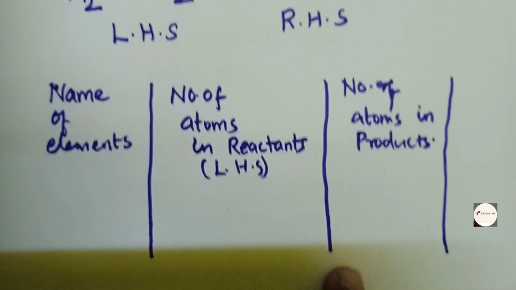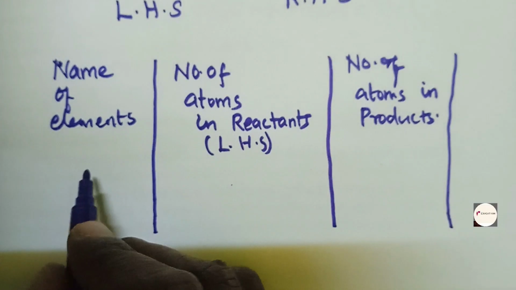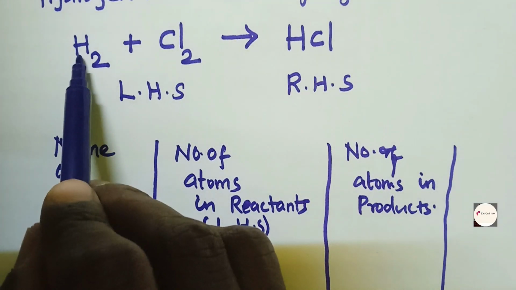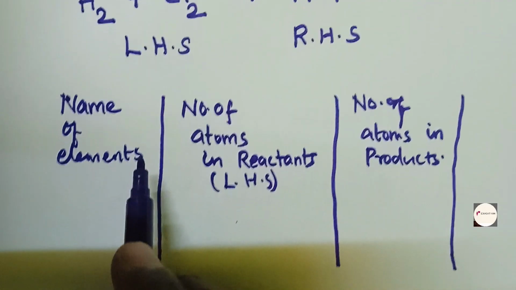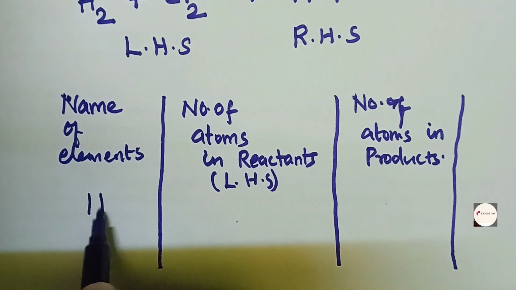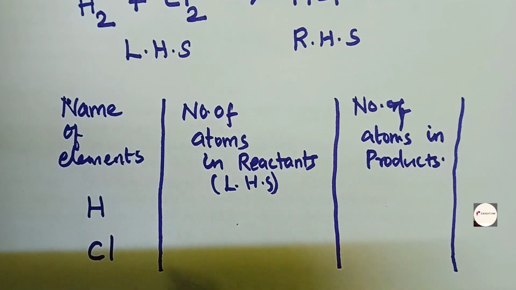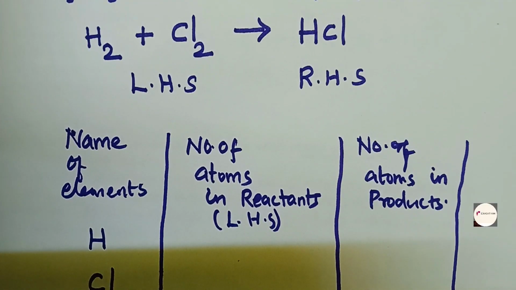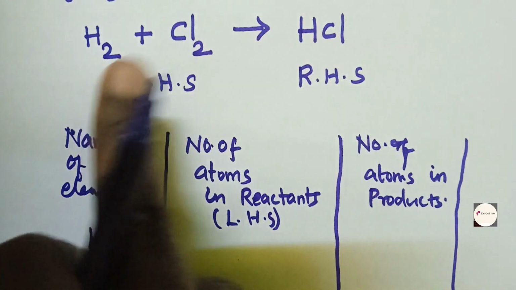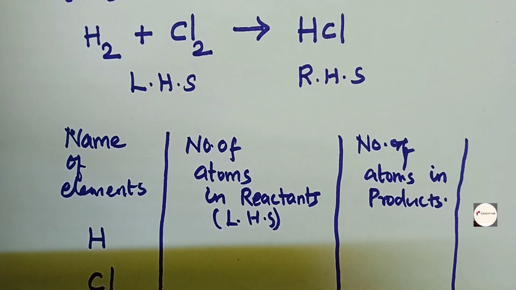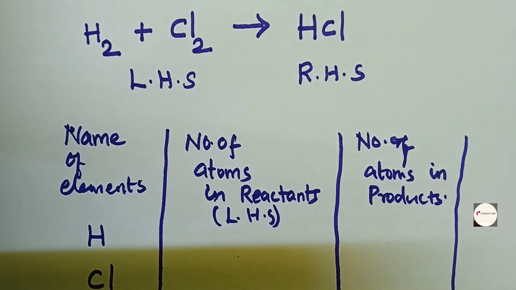Okay, so the name of elements here. What are the elements on the left hand side? Hydrogen and chlorine. So you write hydrogen and next chlorine. On the right hand side also the same elements will be there, hydrogen and chlorine, so you don't need to write them once again. Now first check the number of atoms in the reactant side.